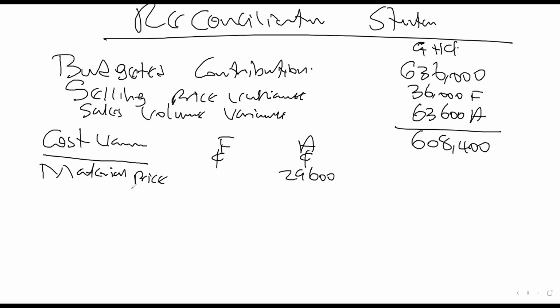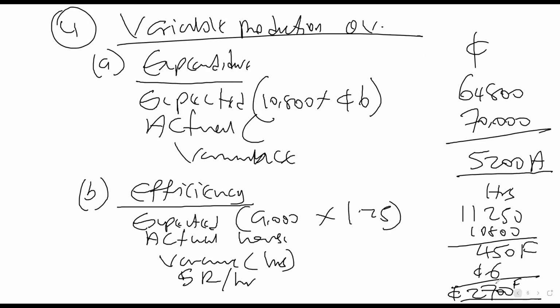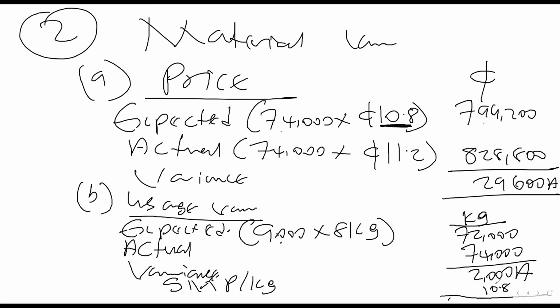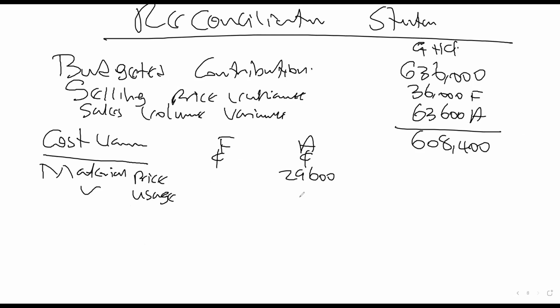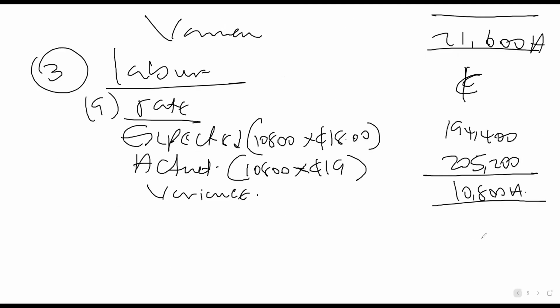Then write material usage. Material usage was 21,600 adverse. Labor rate is 10,800 adverse.